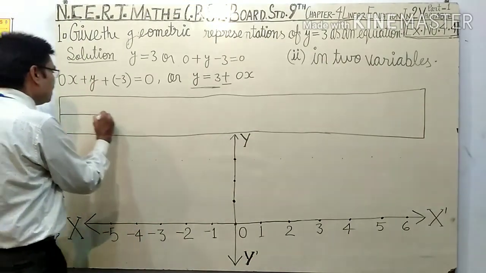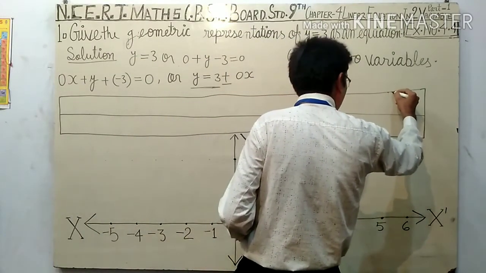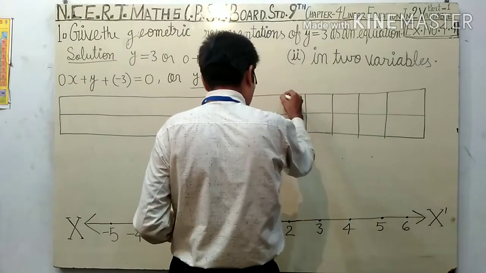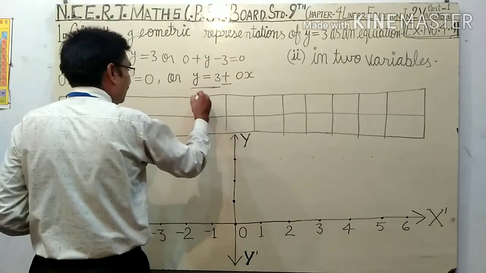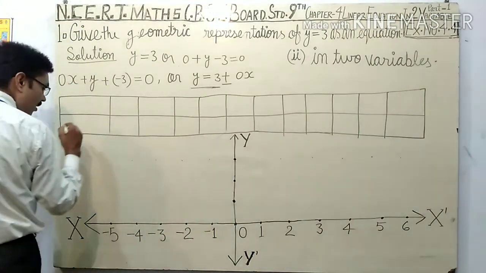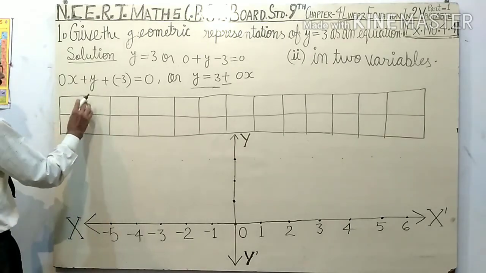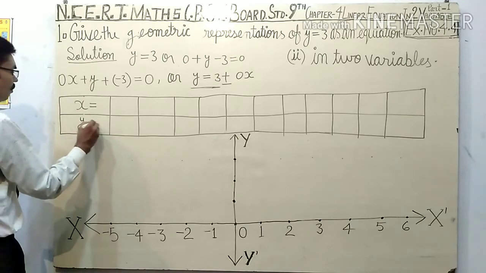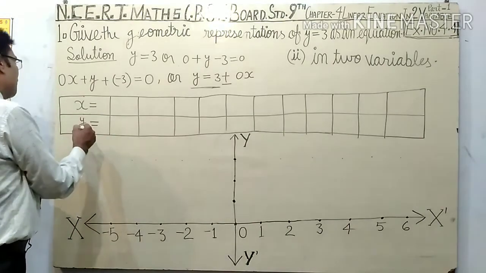Let's try to find how. Friends, when the coefficient of x is equal to 0, then no value of x can affect the value of y.